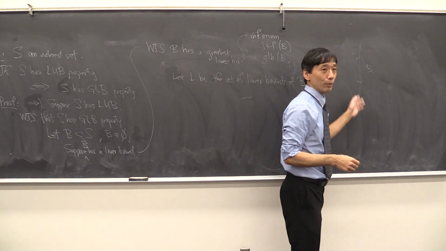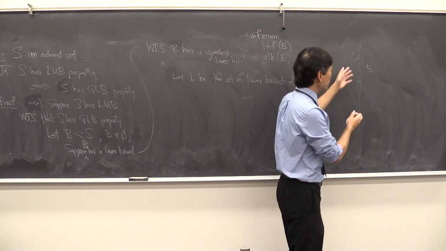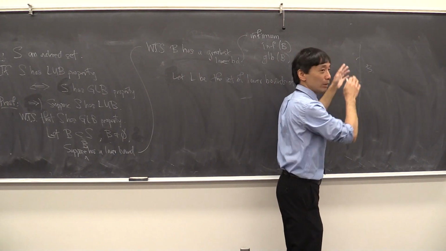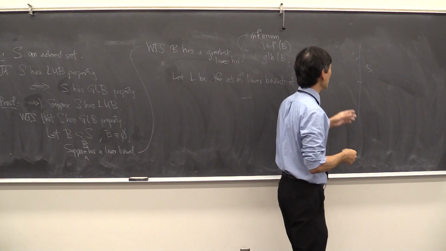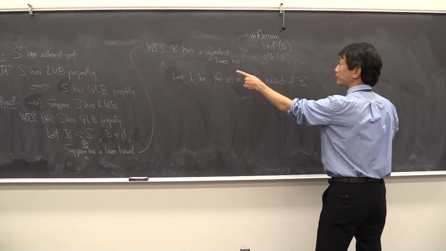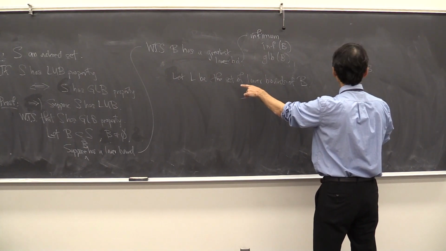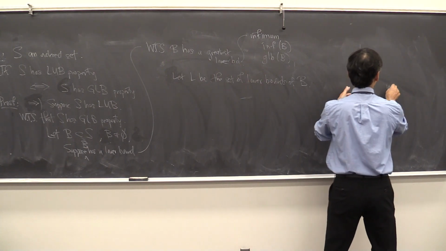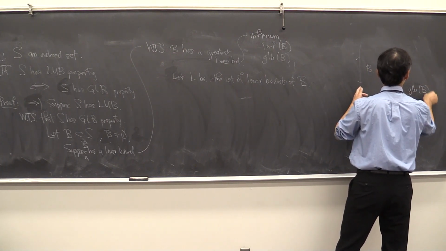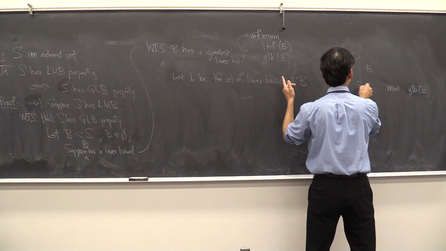So we've got some set B here. I'm drawing things as if they were on the real line. This picture is completely abstract, but sometimes it's useful to have a picture. We have our set B. It has a lower bound. We want the greatest lower bound of B, and our strategy will be to let L be the set of all lower bounds.